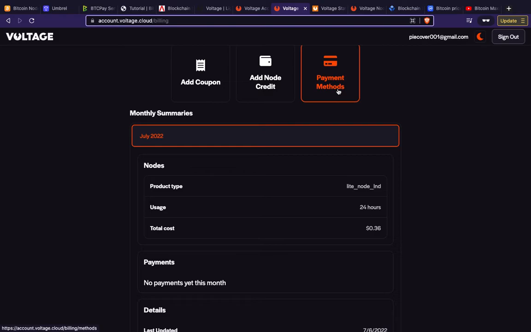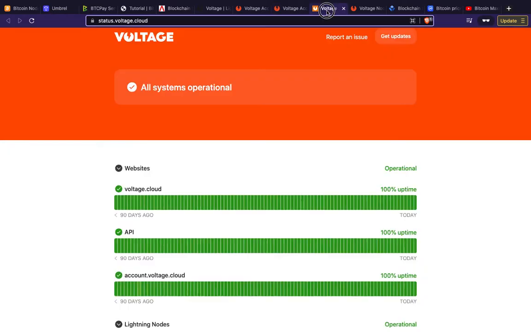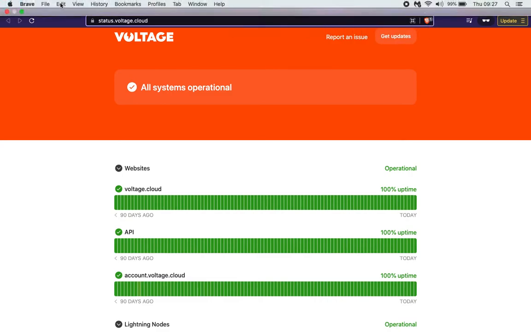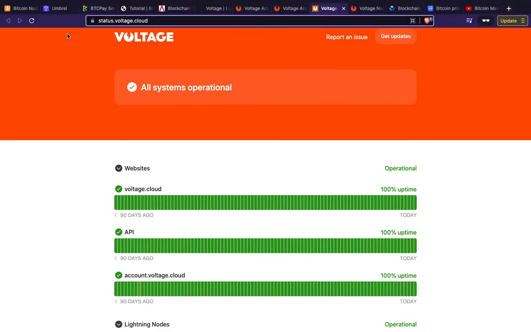You can use other credit card payment. You can add a coupon, and it's very amazing. So it's something to think about, especially if you want an alternative to a physical node in your house, you could maybe outsource that.